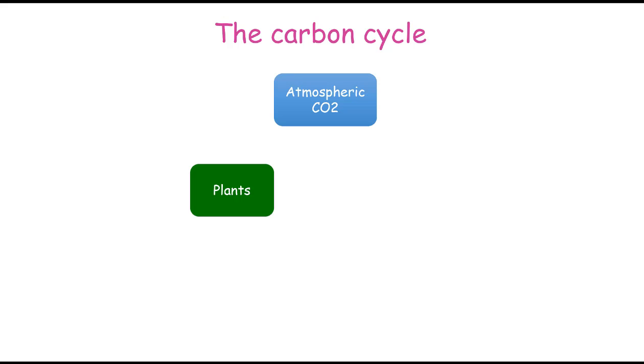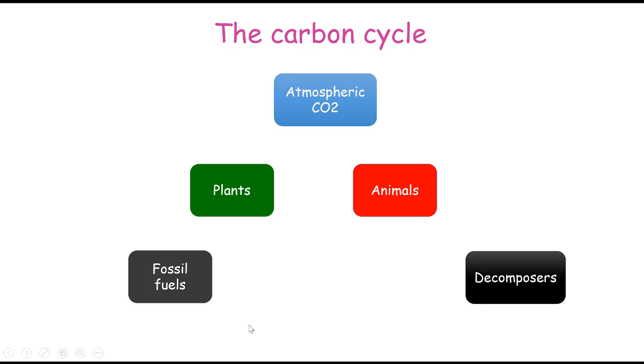You'd start off with the 5 main areas where you find carbon compounds, which is the atmospheric carbon dioxide or the air, plants, animals, decomposers, and fossil fuels. And then you try and get the arrows that join them up. So there's an arrow going from the air to plants, which is photosynthesis, and one going back again, which is respiration.